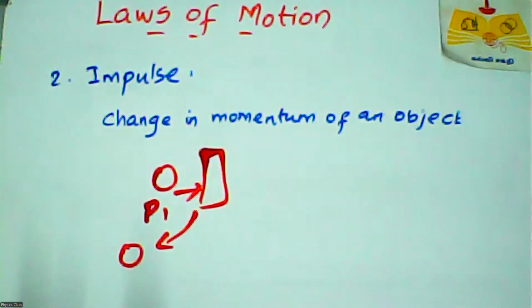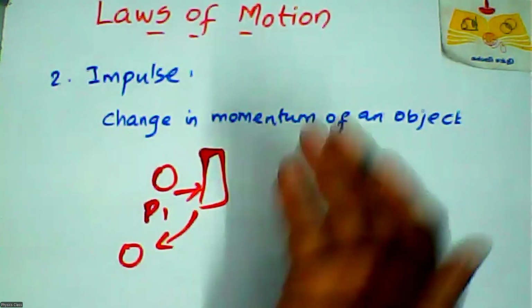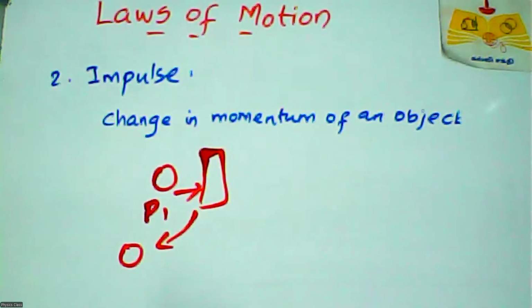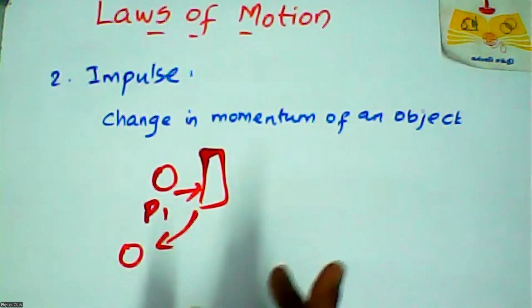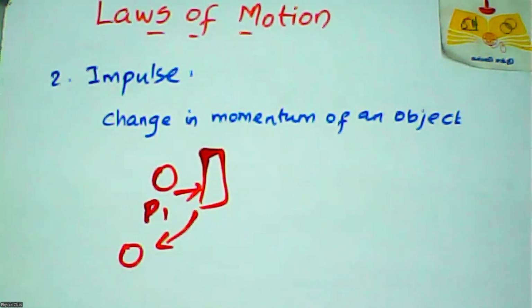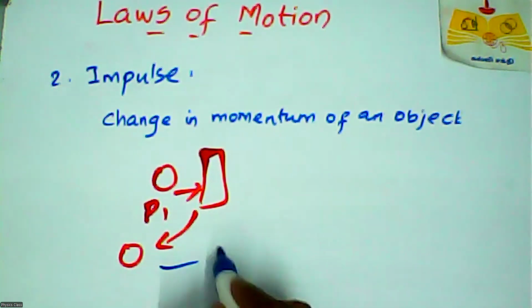So the ball is incident on the wall and returns back to the same position or some other position. So the velocity of the ball may change, and in that case there is another momentum.